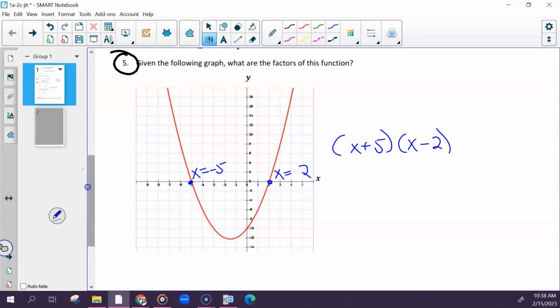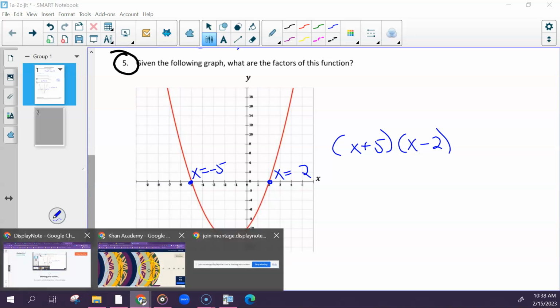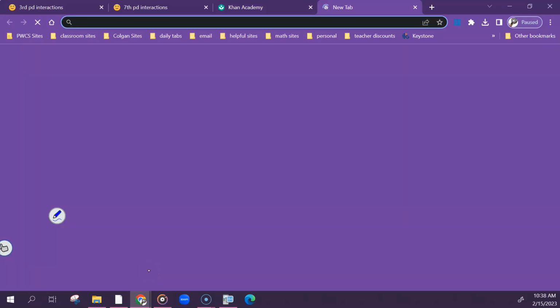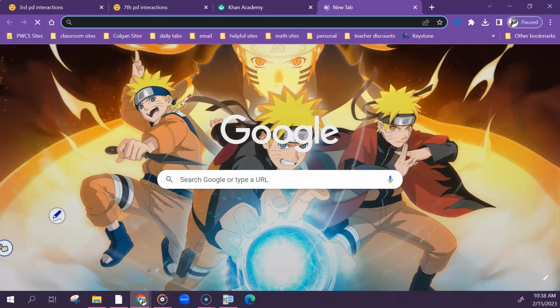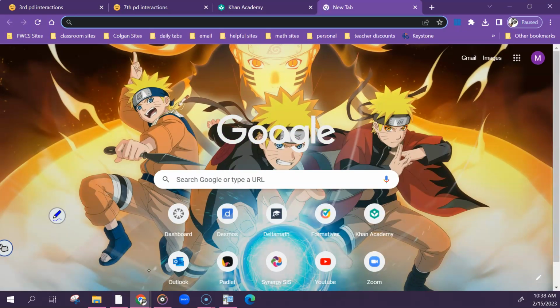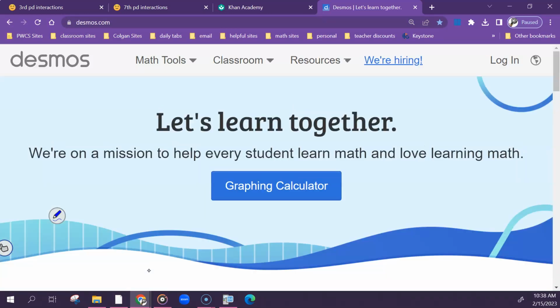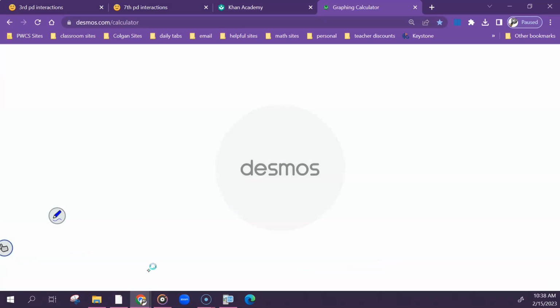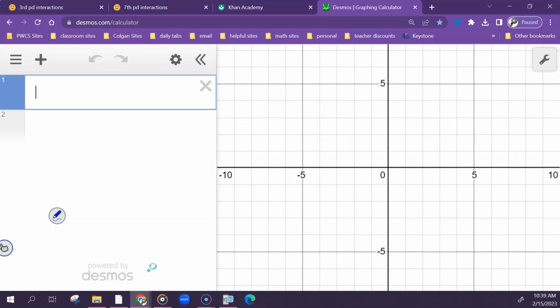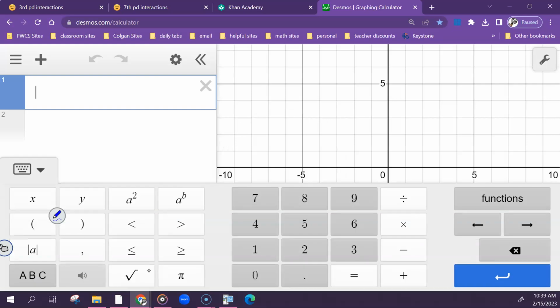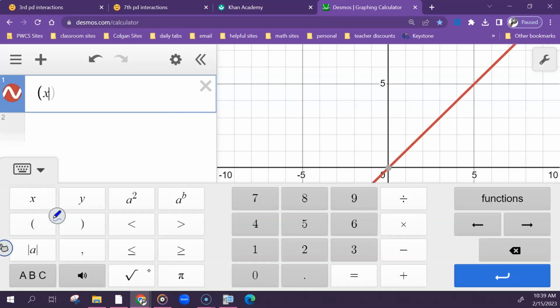So if I were to graph this in Desmos, it should look like this. Or in the calculator, either or. Desmos is just readily available. That's fine.